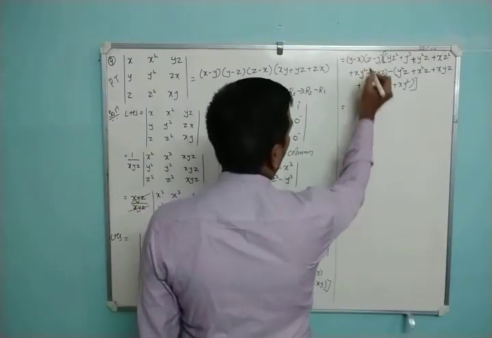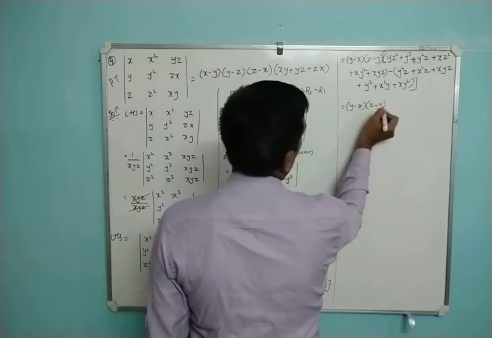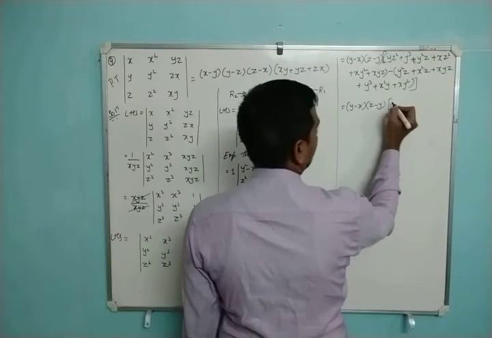So this will be y minus x into z minus y as it is. Open these brackets.